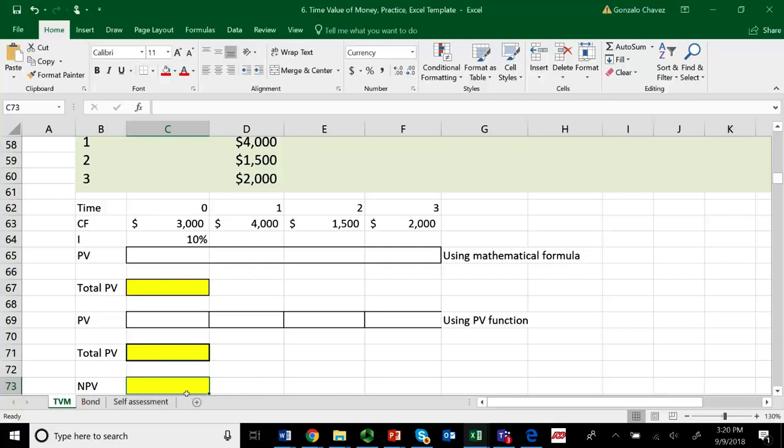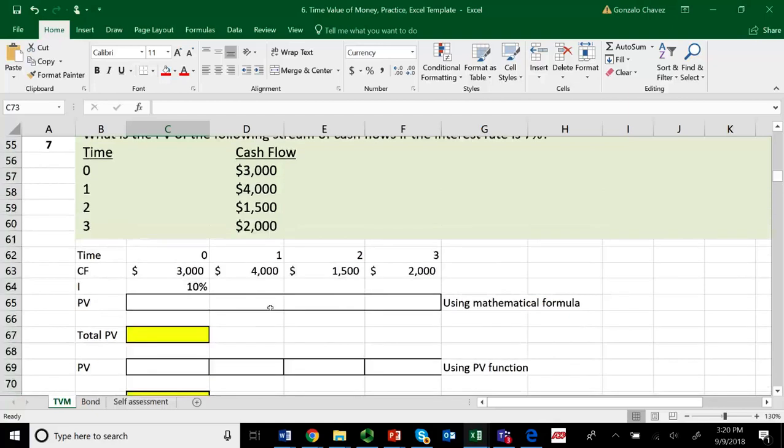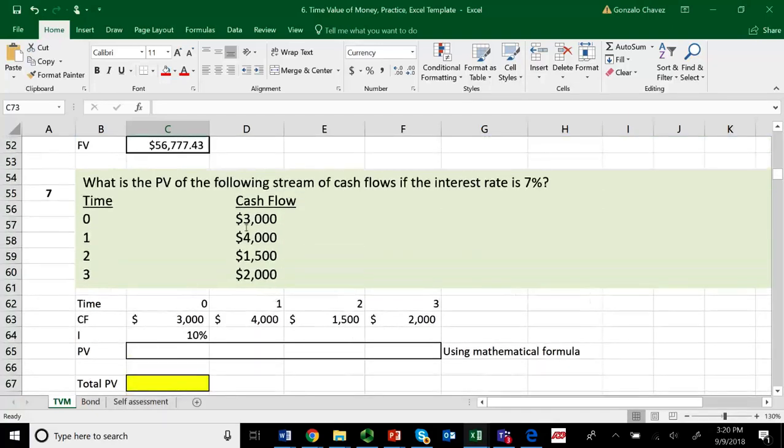Okay, so the NPV formula is very useful because it allows us to do everything in one single shot. Now there's just one thing that you have to think about. If you expect to receive these payments, notice that the $4,000 is going to be received in year 1, the $1,500 in year 2, and $2,000 in year 3.